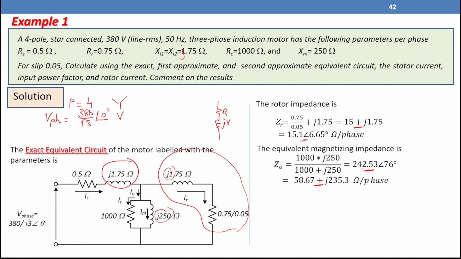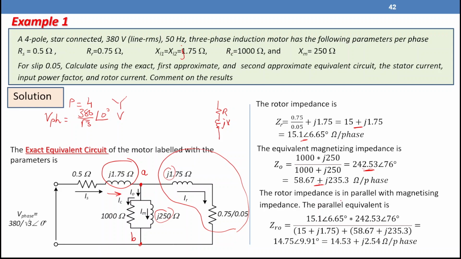Between points A and B, we calculate the impedance for this side. The rotor impedance is in parallel with the magnetizing impedance, and the parallel equivalent is Z1 Z2 over Z1 plus Z2, which gives you this side impedance in polar form and rectangular form.